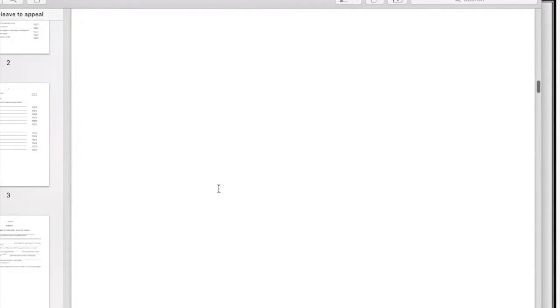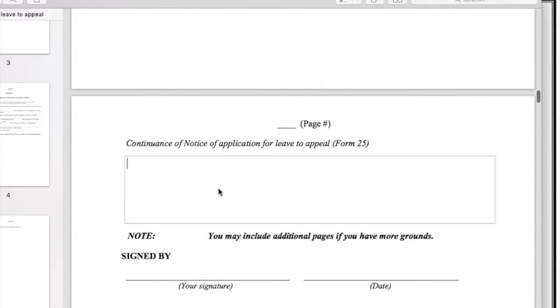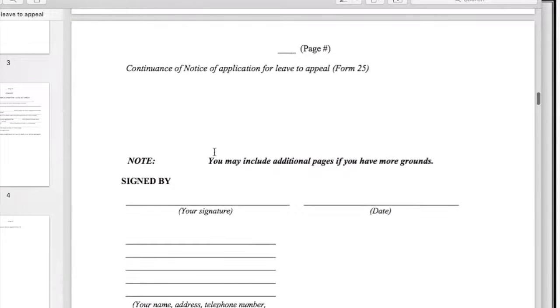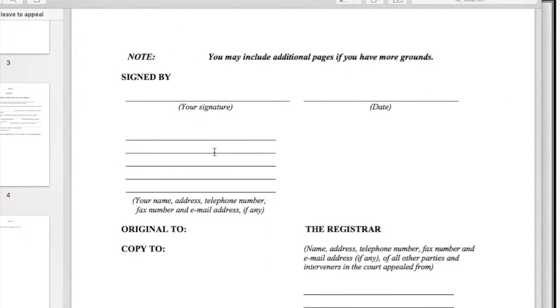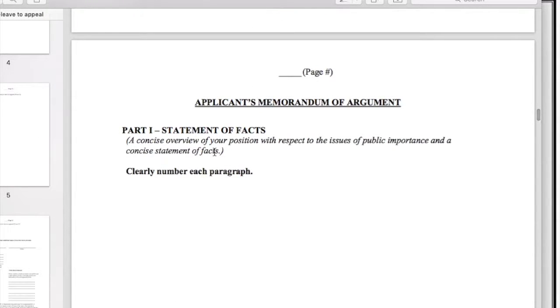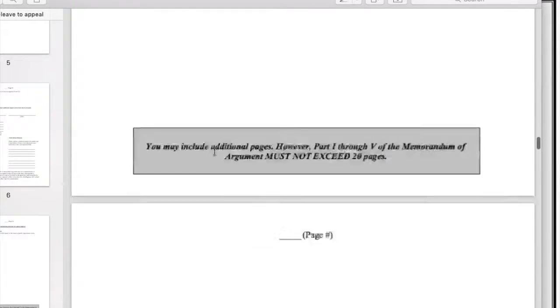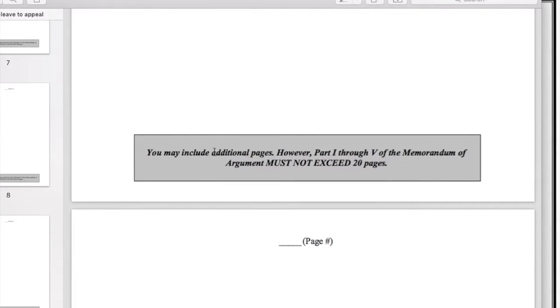Now when we scroll down here, you'll see we haven't even started the Memorandum of Argument yet. So right here, Part 1, the Statement of Facts. Parts 1 through 5, I did in Microsoft Word, and I did that for a specific reason.